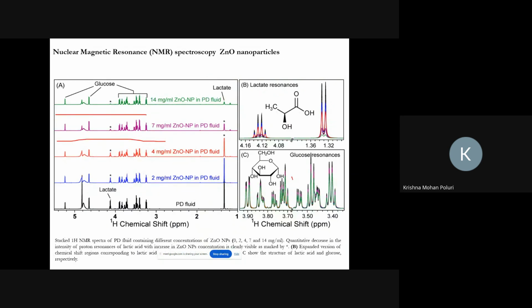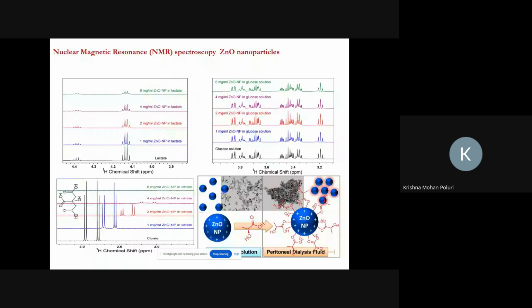You can see here with glucose, even after increasing the concentration of nanoparticles, there is not much difference in the signal. Whereas when you increase the nanoparticle concentration, the lactate resonances are lost. This indicates that the zinc oxide nanoparticles are essentially interacting with lactate but not with glucose.